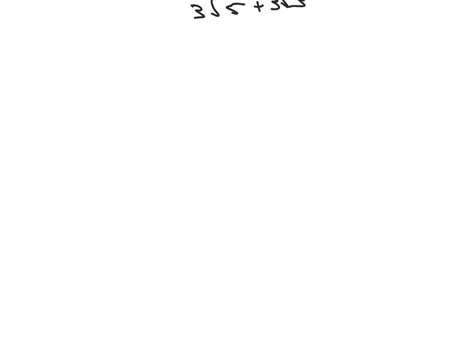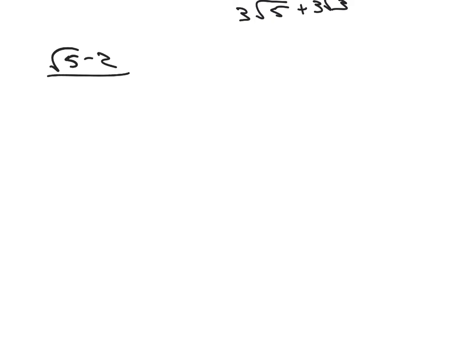Okay, so let's look at one that also uses conjugates, but is a little bit different. And we'll see if we can do this. Example 9. Okay, so we're going to multiply it by the conjugate. Whoops, not a plus, a minus.